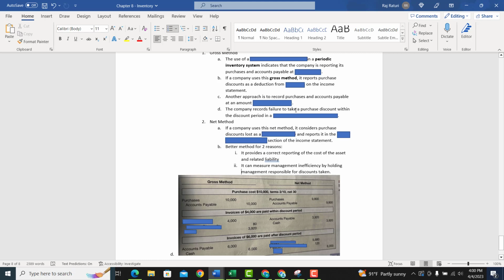Another approach is to record purchases in accounts payable at an amount that's net. The company records failure to take a purchase discount within the discount period in a purchase discounts forfeited or lost account.